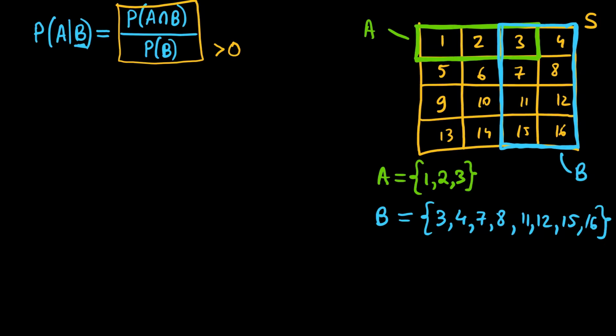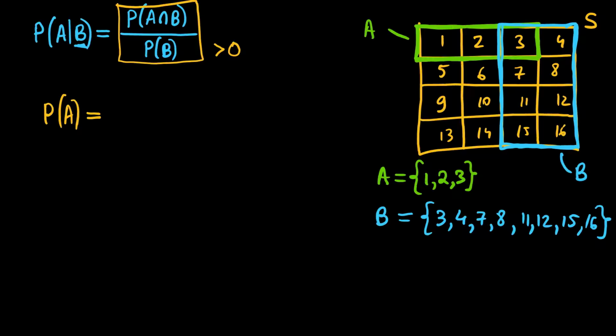Okay, so now let's think in terms of probabilities. When you placed your initial bet here on the probability of A, you had an unconditional probability. And we're taking these 16 outcomes here to be equally likely. So each outcome has a probability of 1 over 16 of occurring.